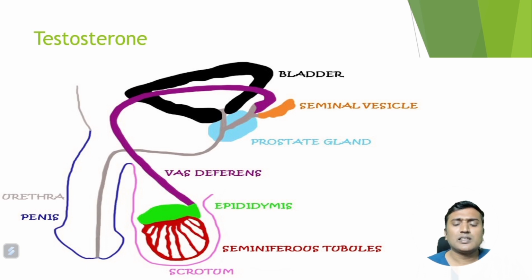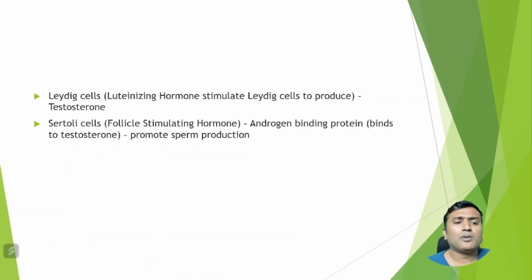The Leydig cells are stimulated by the luteinizing hormone to produce testosterone, and the Sertoli cells, which are stimulated by the follicle stimulating hormone, synthesize androgen binding protein.